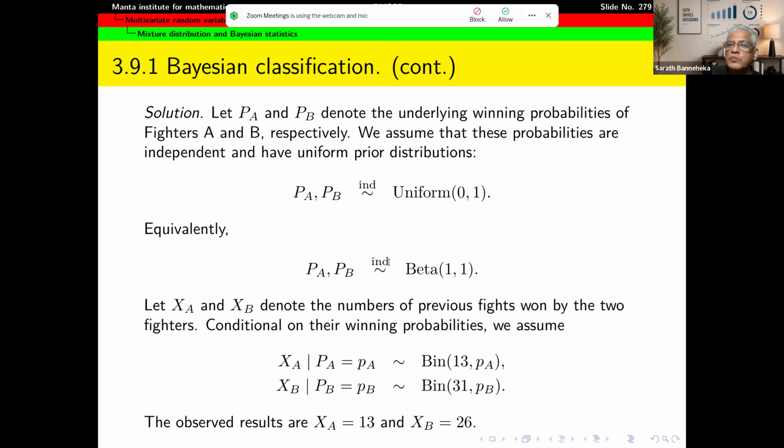Actually, the uniform 0, 1 distribution is a special case of the beta family. Uniform 0, 1 is the same as the beta 1, 1 distribution. So equivalently, we are assuming PA and PB are independent beta 1, 1 random variables.